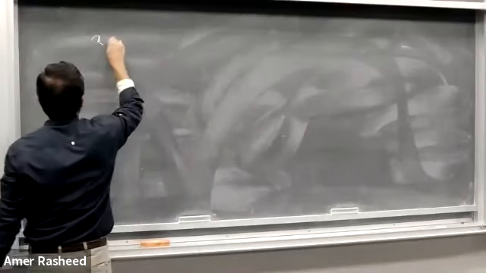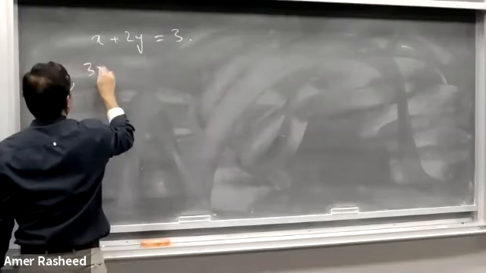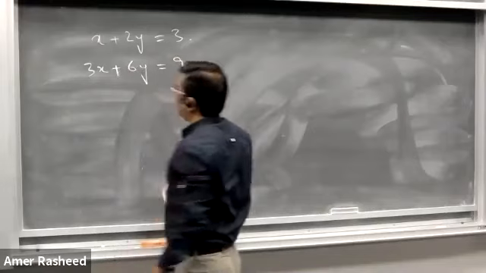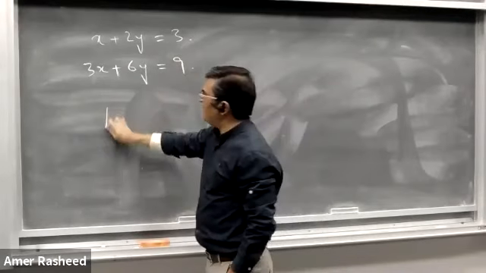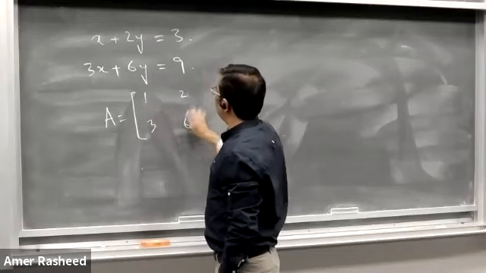Look, we wrote a question: x plus 2y is equal to 3 and 3x plus 6y is equal to 9. In this case, the coefficient matrix A is 1, 3, 2, 6.